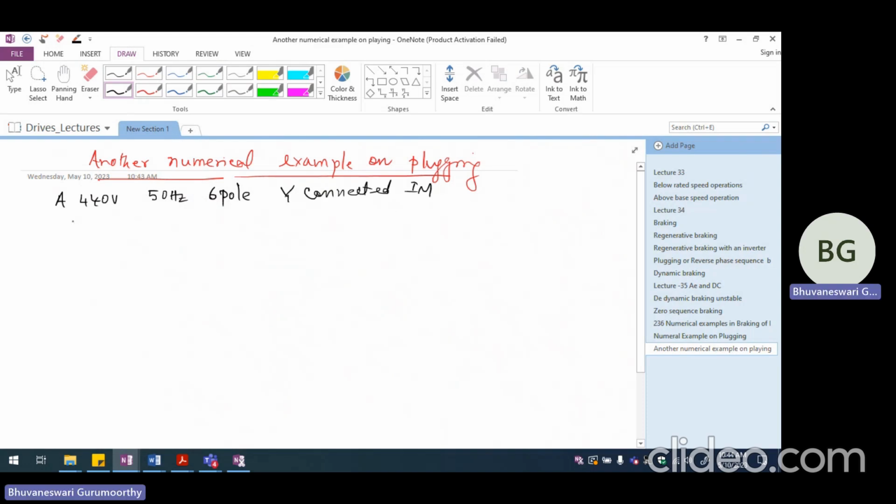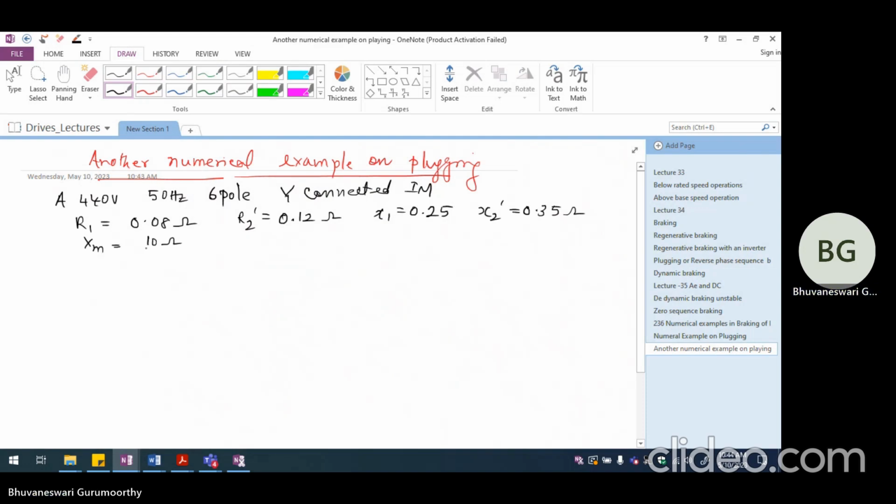It has R1 equal to 0.08 ohm, R2 dash is 0.12 ohm, X1 is 0.25 and X2 dash is 0.35, and XM is 10 ohms. That is the magnetizing reactance.